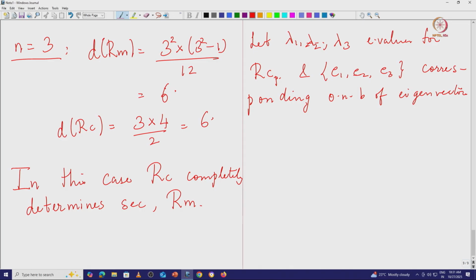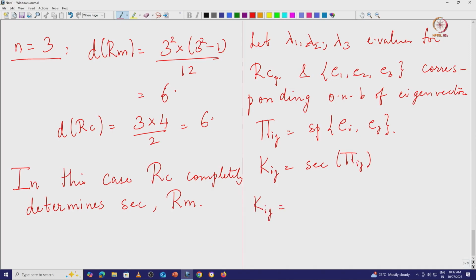Then if pi_ij is the plane spanned by E_i and E_j, you can completely determine the sectional curvature of this plane in terms of the eigenvalues.